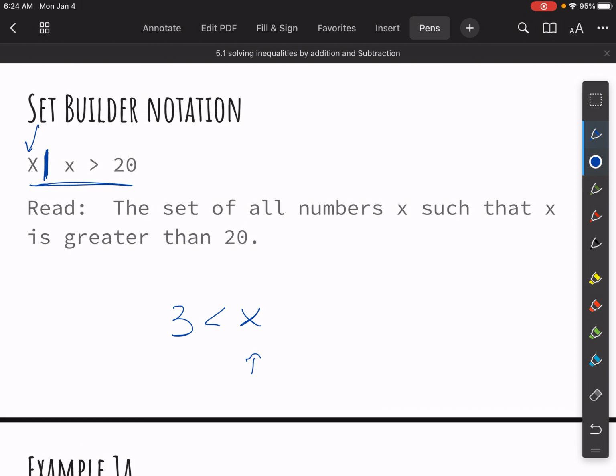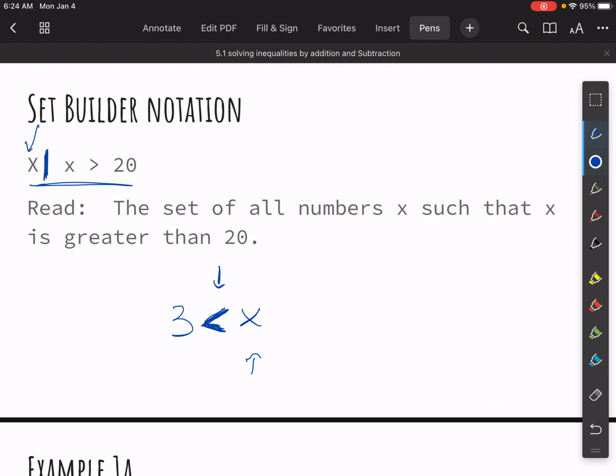The important thing to remember, just as a preview, is that this inequality sign is like the alligator you learned about in elementary school. The alligator eats the bigger number, so just remember the alligator has to stay eating the same thing. Here, if you think about this as an alligator mouth, it's eating the x.